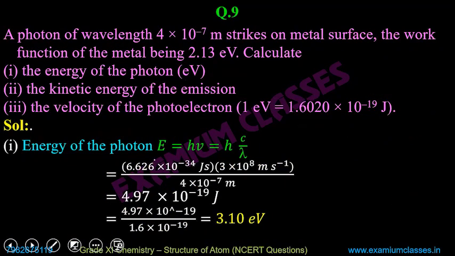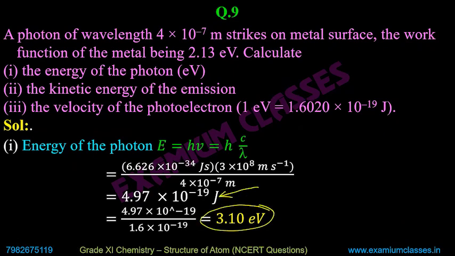For example, here I got it in joules, then converted it into electron volts because it was asked in electron volt. The kinetic energy unit is not given, so it's up to me. I can mention it in electron volt or in joules. But if I want to use this kinetic energy in calculation of velocity, I must convert it to joules.